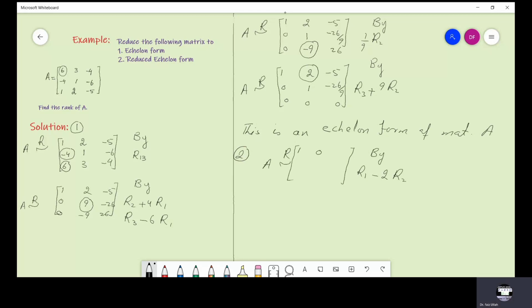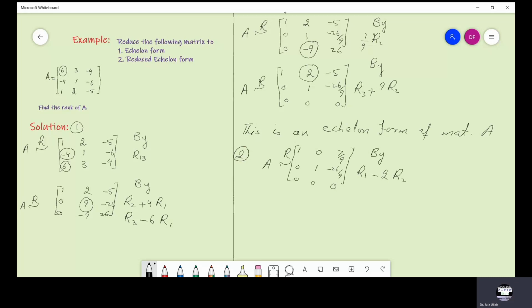If we multiply this with minus 26 into 2 divided by 9, we get 52 divided by 9. And if we simplify, we can get 7 by 9 here. And write this as it is: 0, 1, minus 26 by 9, and the remaining as it is: 0, 0, 0.